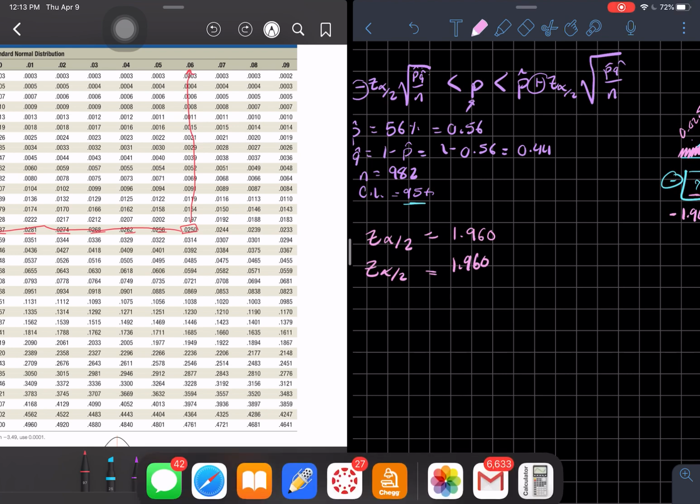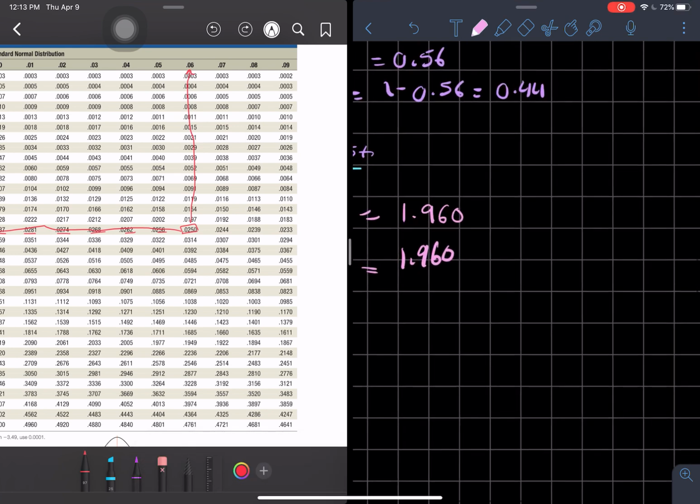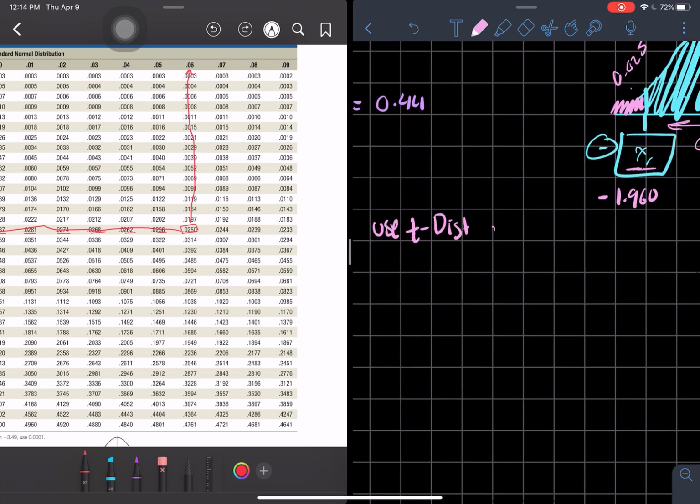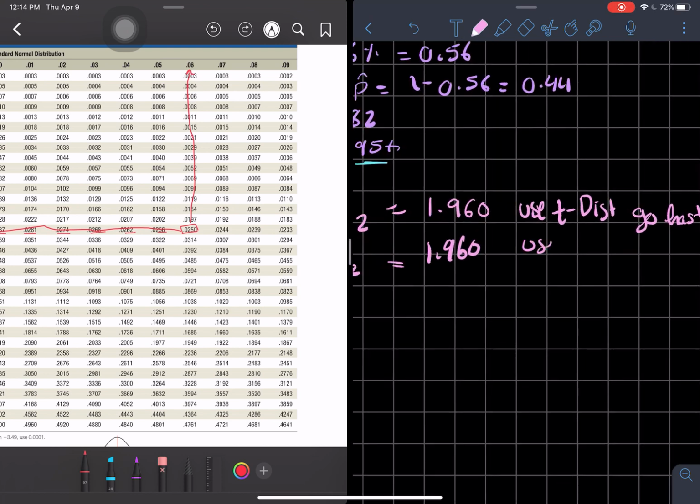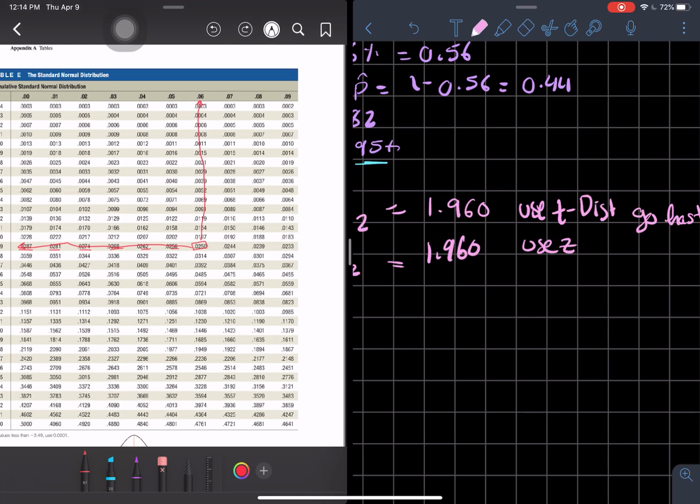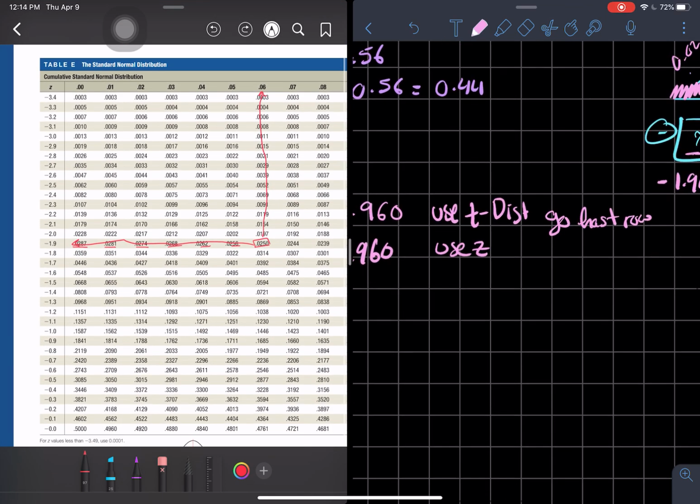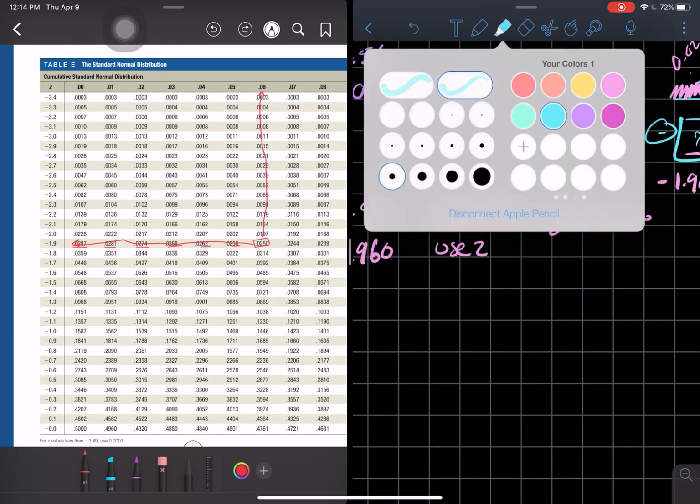Now the third method. The first method: use the t-distribution curve, but go to the last row. The second method: use the z-table, the standard normal distribution. It's the same thing, like a z-curve.